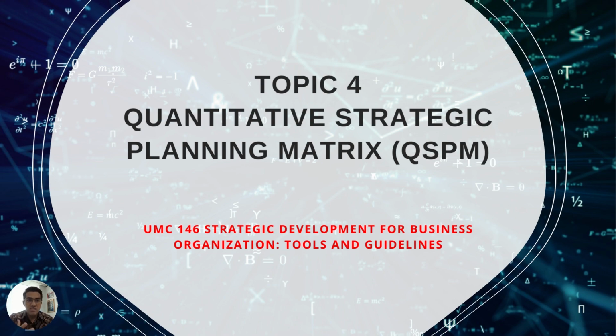They have to make a decision between the options of the strategies that they have developed. So which one do they need to pursue first? QSPM will help them, assist them, and guide them in making that particular decision. And that is what we are going to learn in this particular topic.